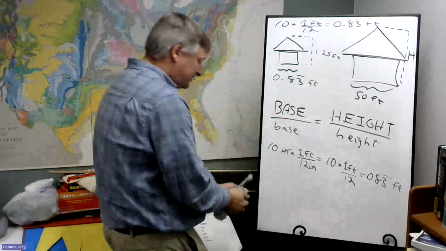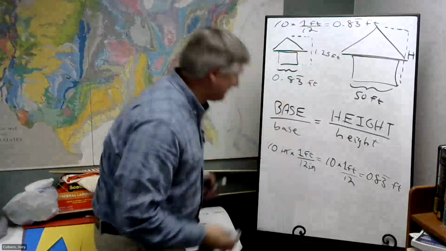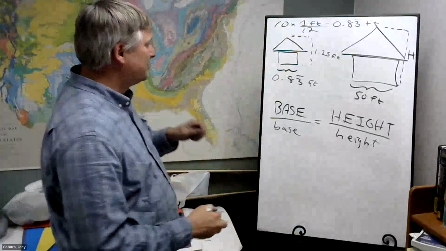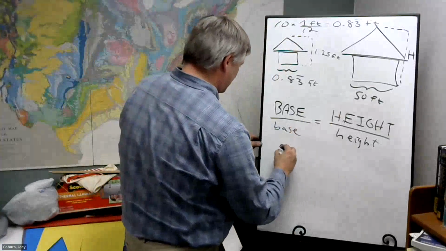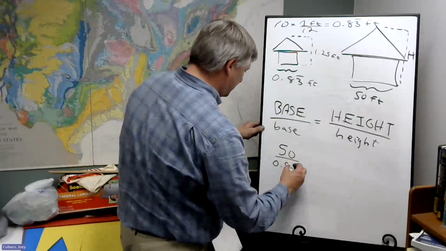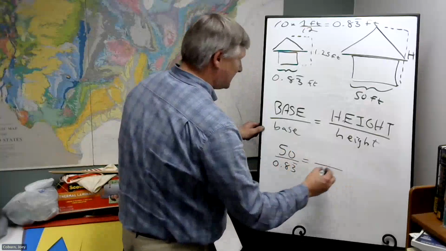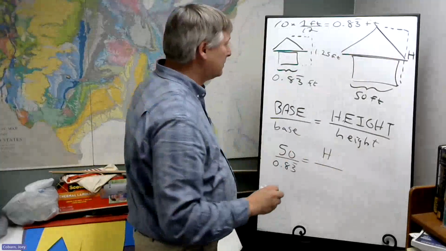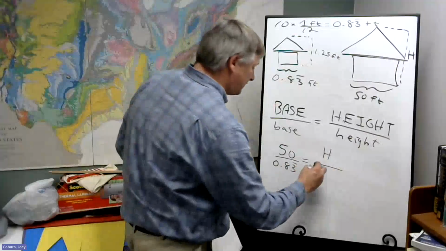So we've got everything in the same unit. So now we set up. Big base, 50, little base, 0.83 repeating. Big height, we don't know. That's that capital H. Little height, 1.25.